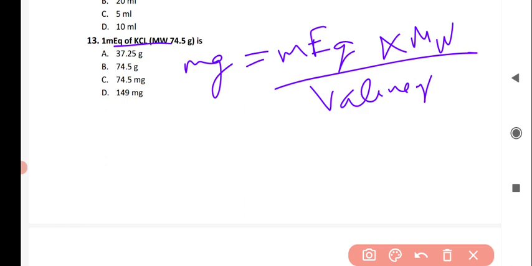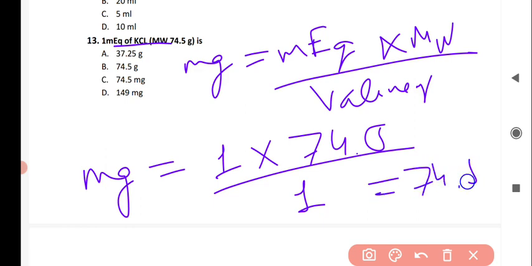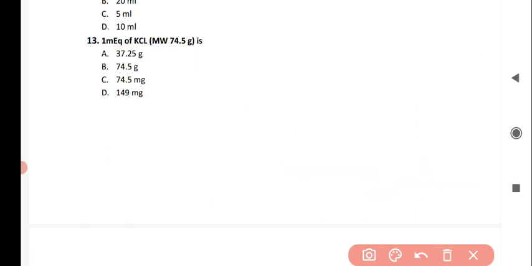So simply we can put the values over here. We have to find the mg, and milliequivalent is given as 1, molecular weight is 74.5, and valency of potassium is 1. So the simple answer will be 74.5 mg. So option C will be correct for this question.